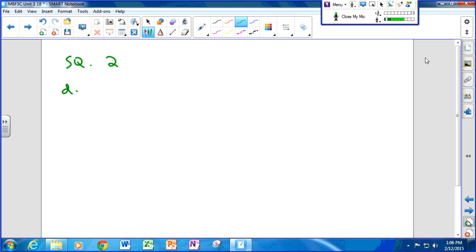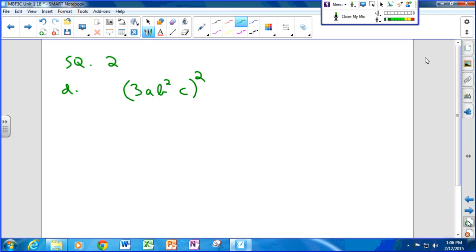Okay, so let's see. We have 3ab squared c, and then all of that is to the power 2. So the first question you have to ask yourself is, what law am I going to apply here? Remember that we have 3 laws and then a couple of special cases.